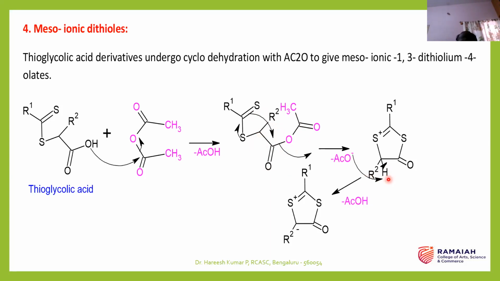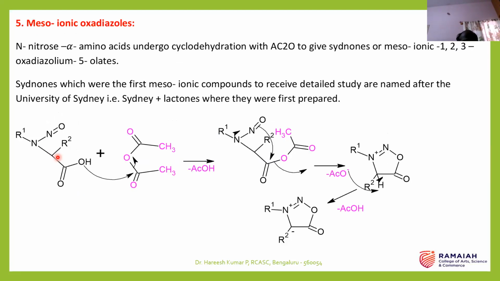After picking up a proton, the bond pair will convert into an anion. So that is how a dithiol meso-ionic compound is formed, starting with thioglycolic acid and acetic anhydride. So with this, I will go to the next slide.